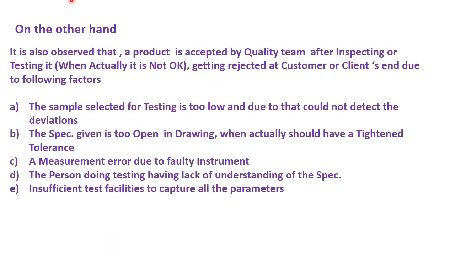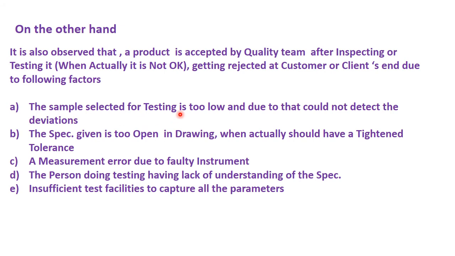On the other hand, it is also observed that a product is accepted by the quality team after inspecting or testing it, but gets rejected at the customer's or client's end due to the following factors. But in this case, if you see, the part is actually not okay, but our quality team is accepting it, maybe due to some of the following reasons.